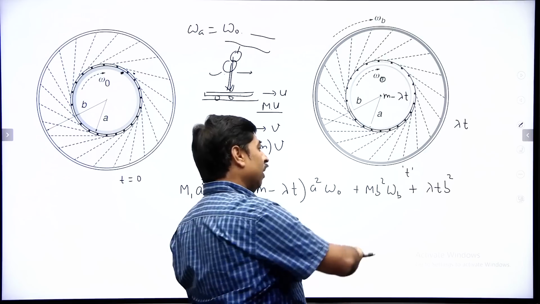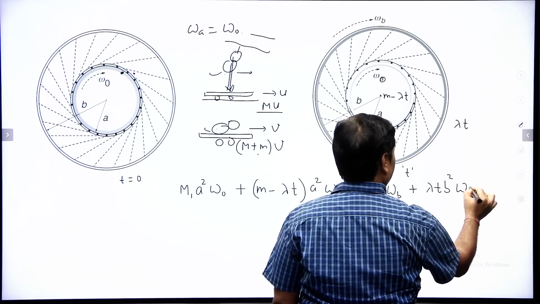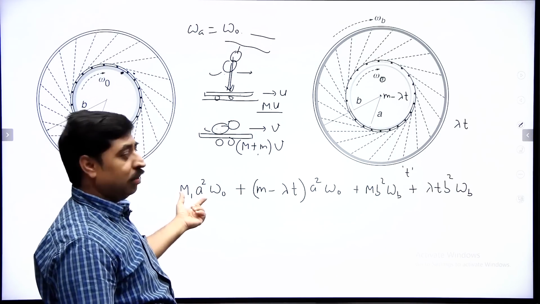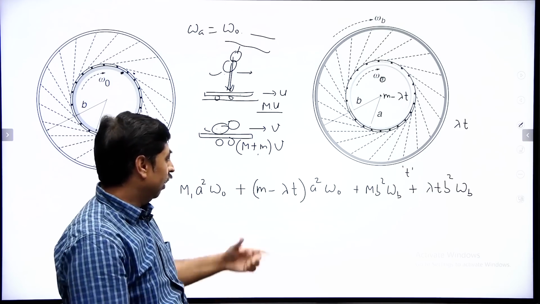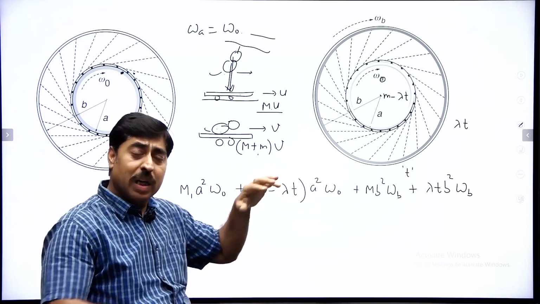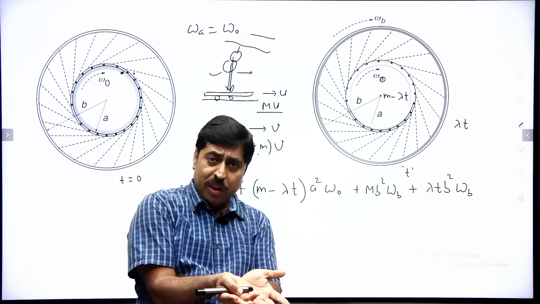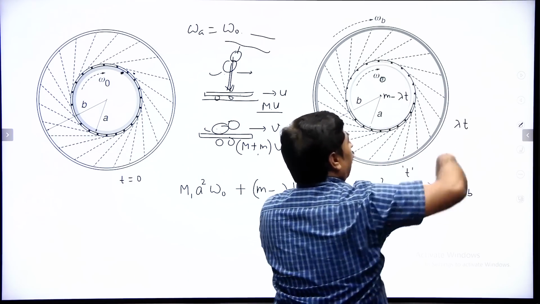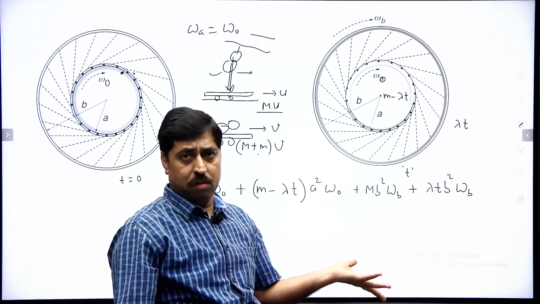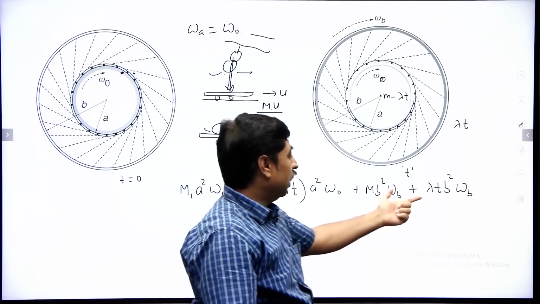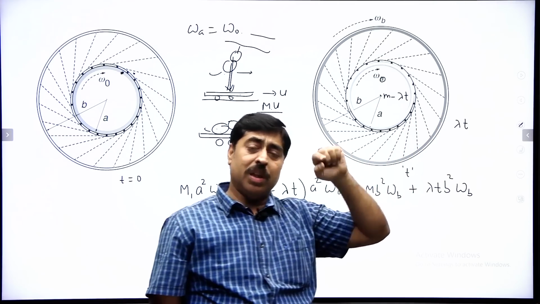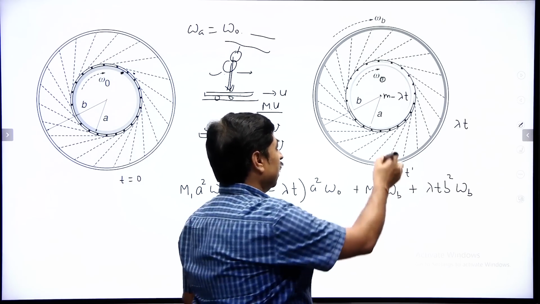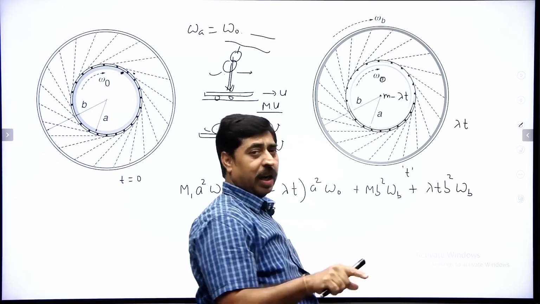So lambda t into b square into omega b. Am I right? So this is angular momentum for the drum only. This is angular momentum for the sand particles which are still sticking to the inner drum. This is angular momentum of the outer drum, and this is angular momentum of the sand particles sticking to the outer drum. So this is the whole angular momentum of this system about this axis at time t.